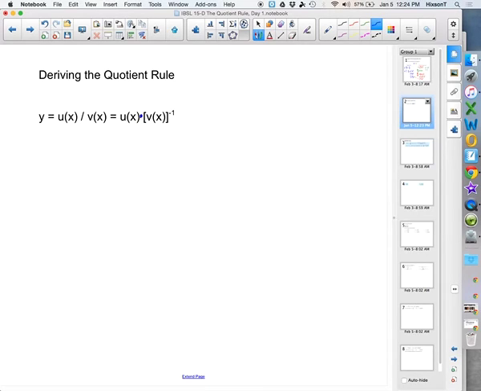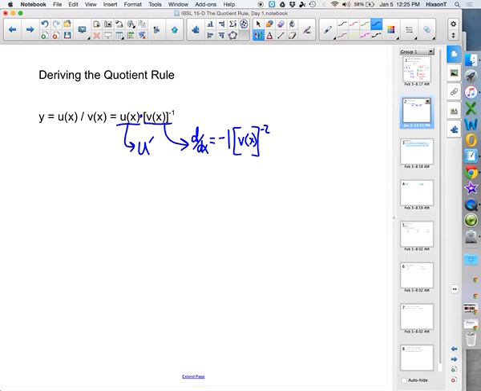First of all, if this is v to the negative 1, then obviously we need to find its derivative. The derivative with respect to x, using our chain rule, is negative 1 times v of x to the negative 2.